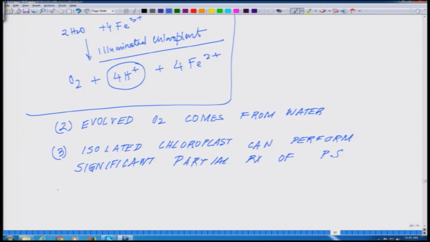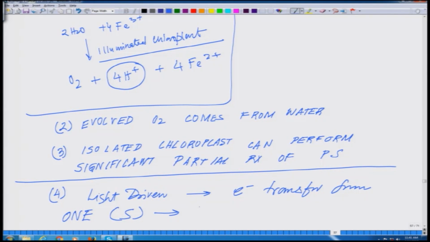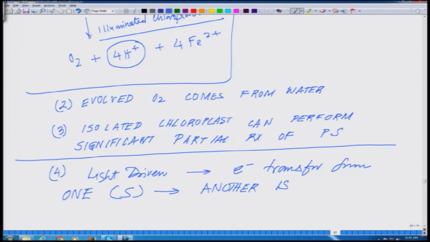And the fourth and most critical point, which will be critical for us now, is that it revealed that the primary event in photosynthesis is light driven, and the transfer of electrons from one substrate to another, S standing for substrate, is thermodynamically uphill, against the gradient.